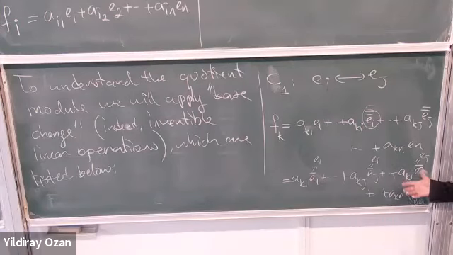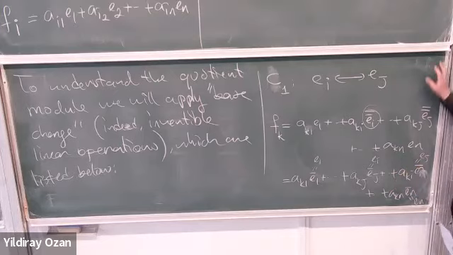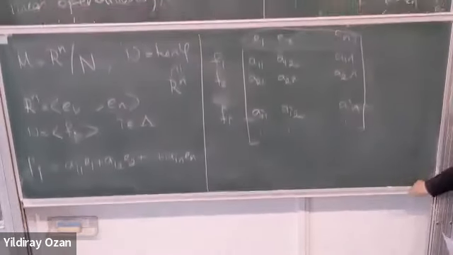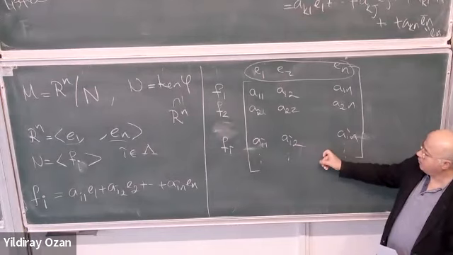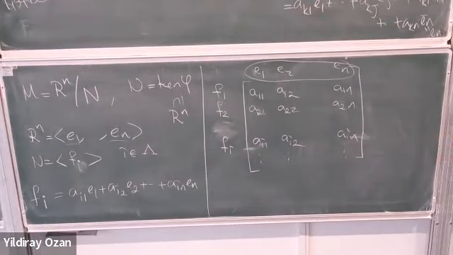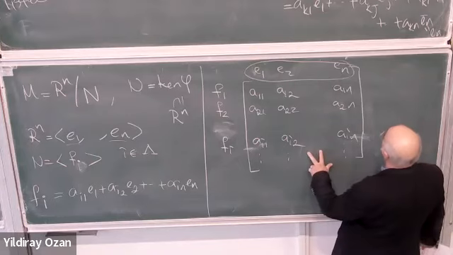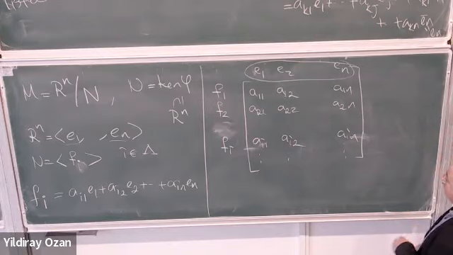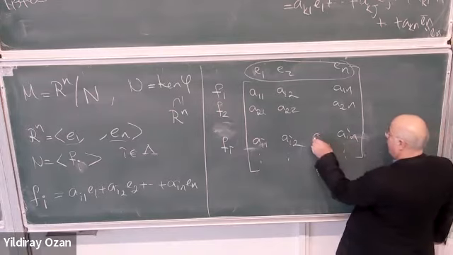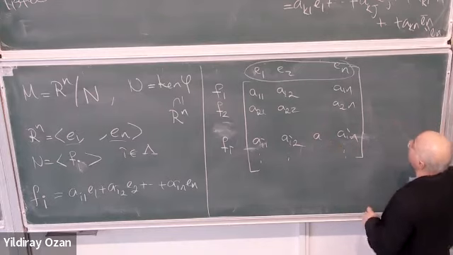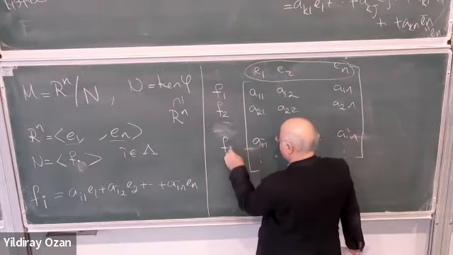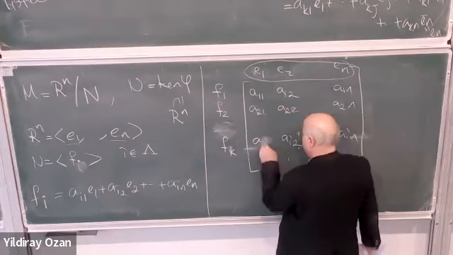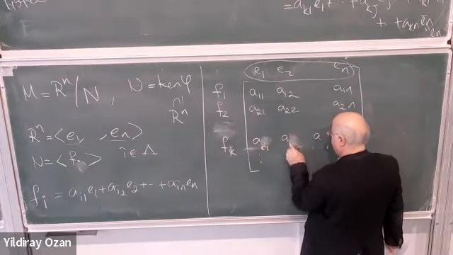What is the result of this operation on this matrix? Well, on this matrix, it will correspond to the following. The ith and jth columns will interchange, right? So here, şöyle diyeyim, this is the kth element, ak1, ak2.